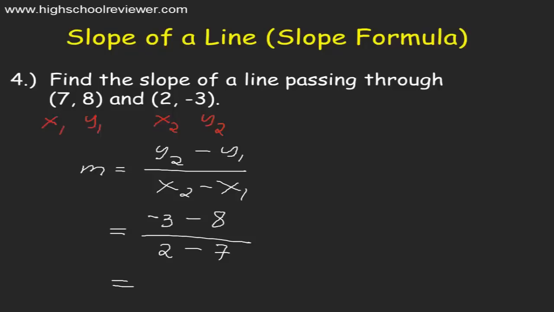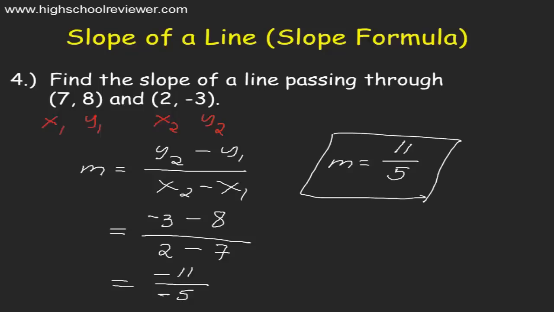So negative 3 minus 8, that is negative 11, all over 2 minus 7, that will give us negative 5. Our slope now will be negative divided by negative, that will become positive. So our slope here will be 11 all over 5. So positive 11 all over 5 is the slope of problem number 4.